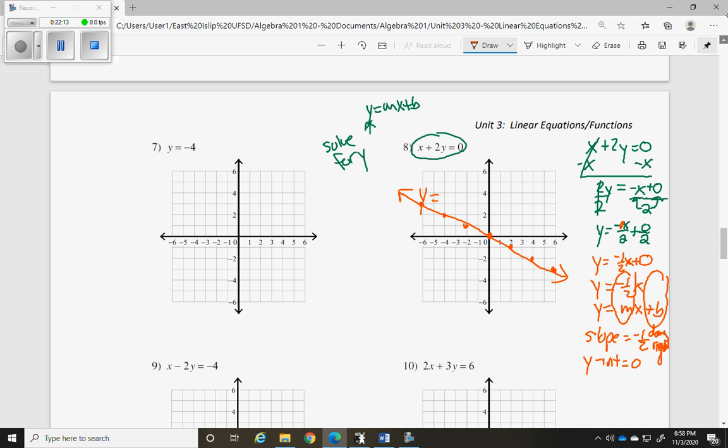So y equals negative 1/2 x. That was my equation that I solved for. To be honest with you, if you wrote the original equation, x plus 2y equals 0, that's also called labeling. You can label it either one, it doesn't matter.